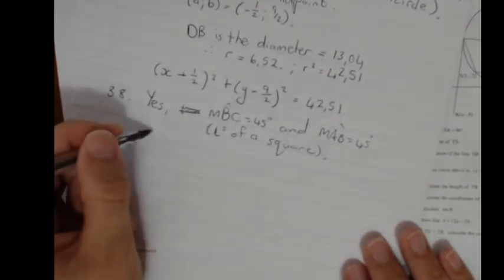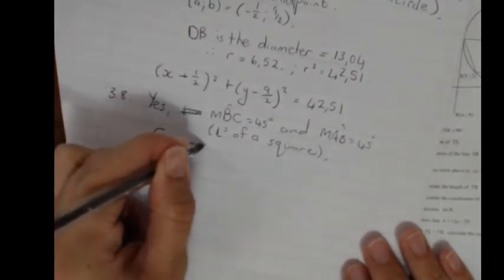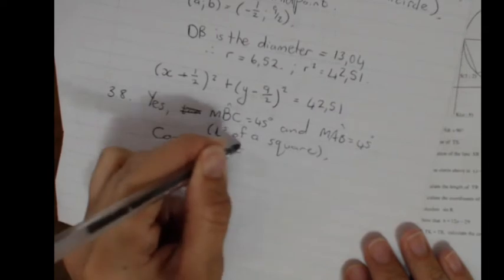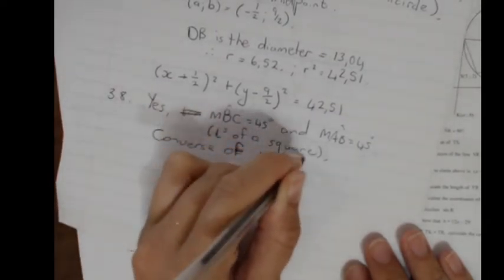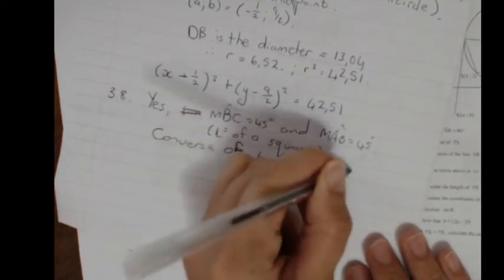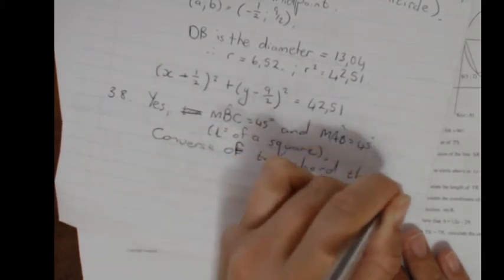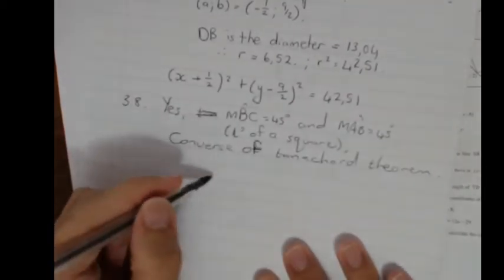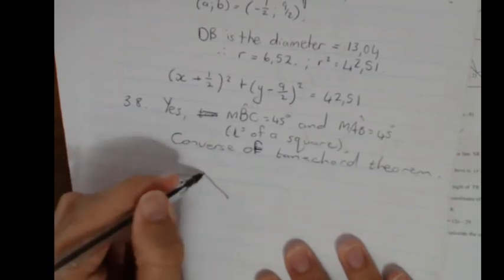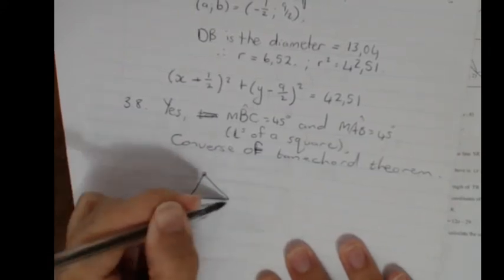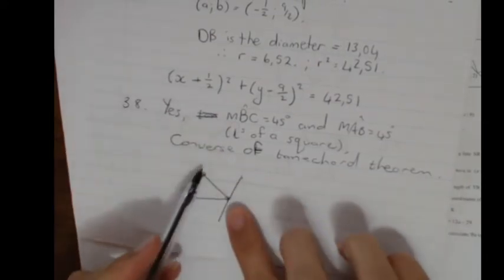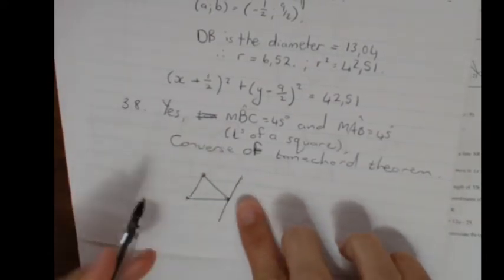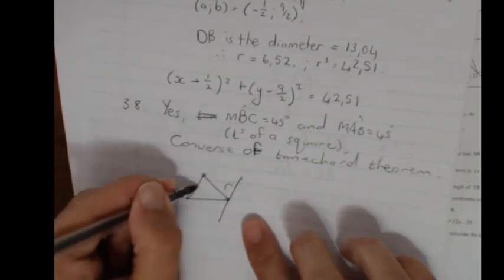So the converse of the tan chord theorem I used here. Let me just quickly explain that converse. The tan chord theorem says that if these 3 points lie on an actual circle, and that's a tangent, so if this is a circle and that is a tangent, these two angles will be equal.